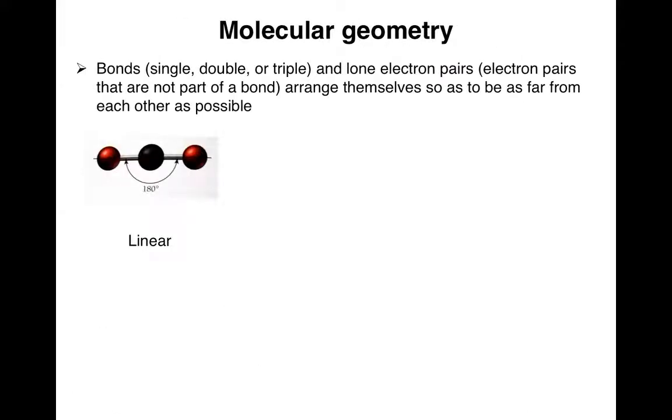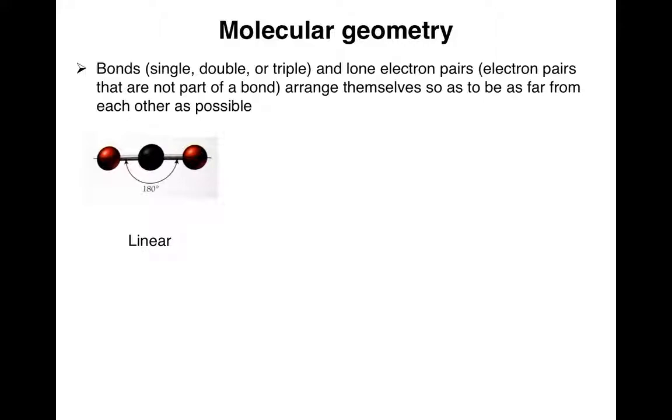The basic idea for this task is that bonds, whether single, double, or triple, and lone electron pairs, that is, electron pairs on an atom that are not part of a bond, arrange themselves so as to be as far from each other as possible.